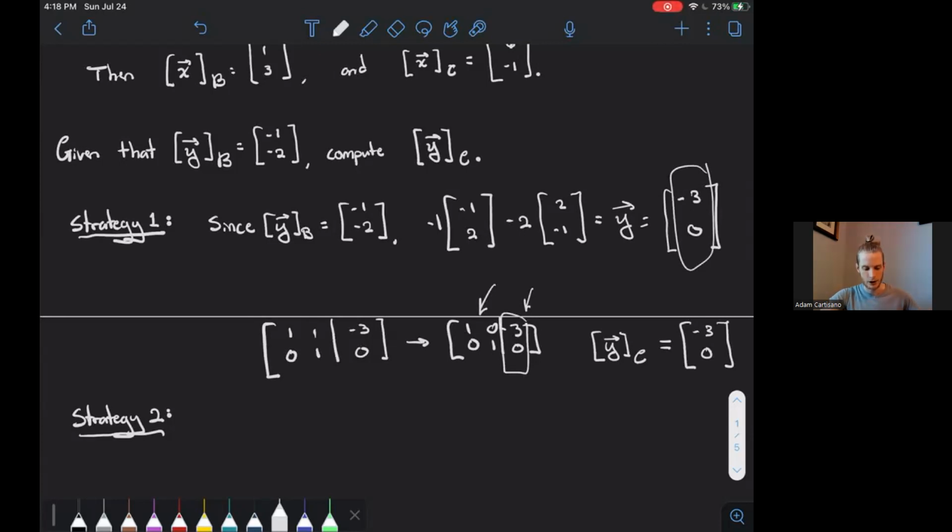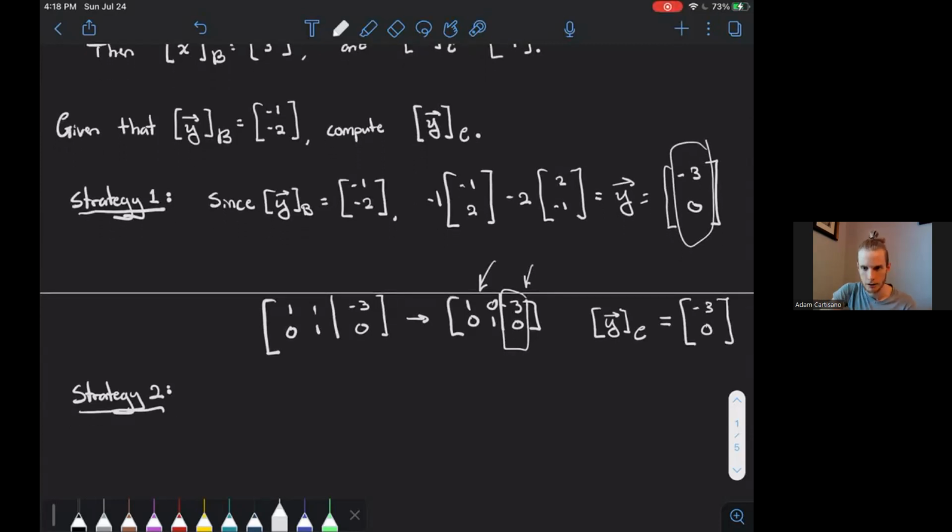However, we're going to do something else. We're going to do a second strategy, something that's going to generalize. The problem is, this requires a row reduction every time they hand us a vector y where we know the coordinate vector of y with respect to b, but we don't know y itself.